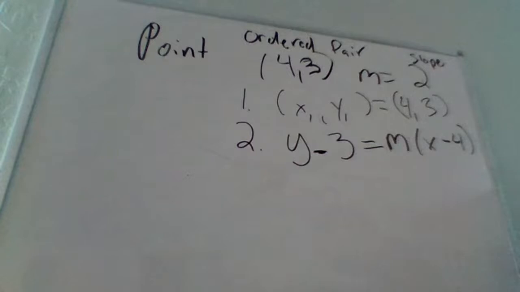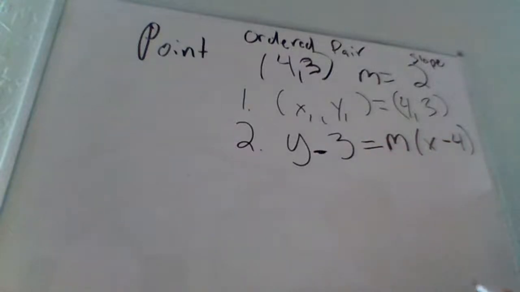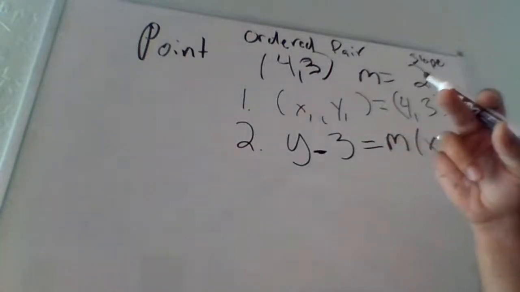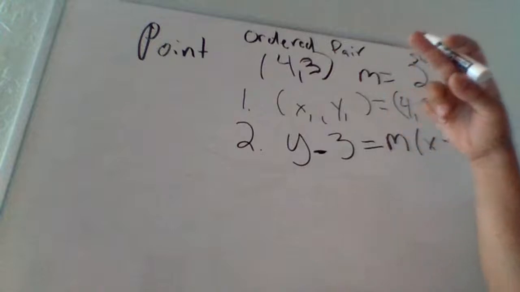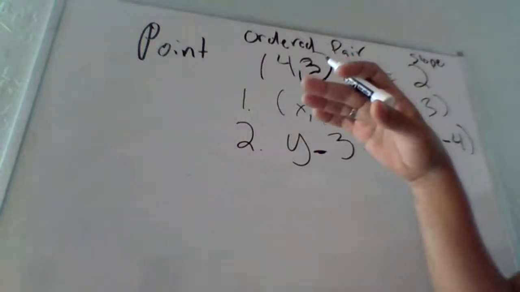So m equals y2 minus y1 over x2 minus x1. There's two methods that we can use. The first method, you saw how we just plugged the ordered pair into the formula with the slope.